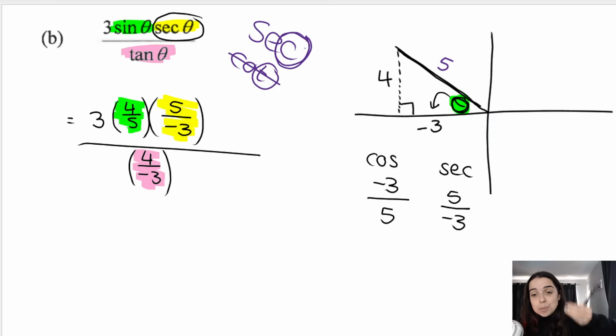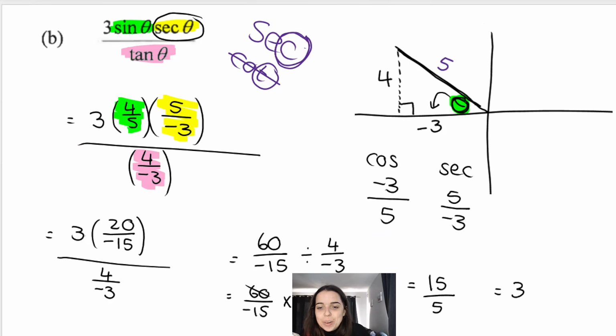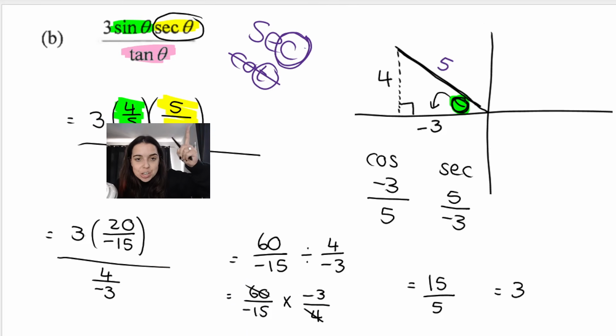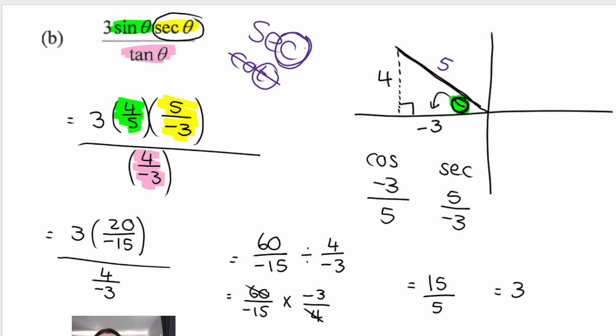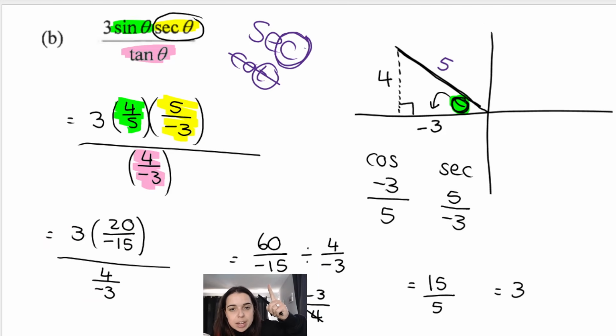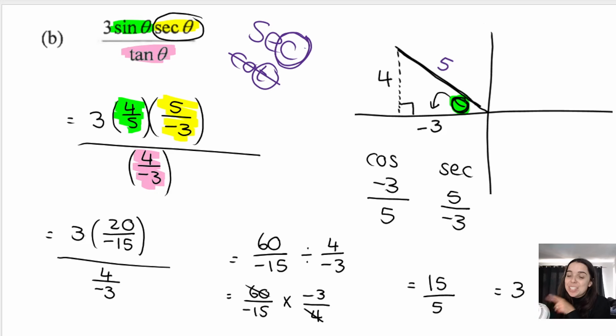So I have substituted. Now I have to simplify this. I simplified it without the use of a calculator. I first multiplied the green fraction with the yellow fraction, and then I multiplied 3 with 20 to get 60 divided by -15, and then I divided the last 2 fractions, and my ultimate answer is 3.